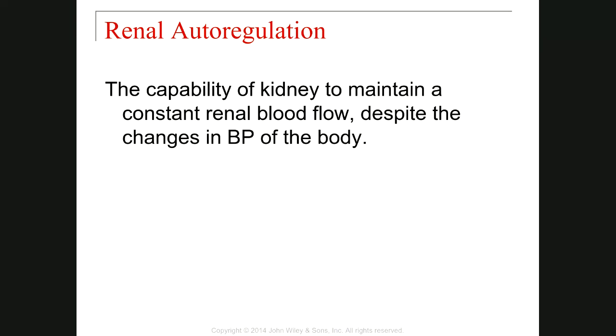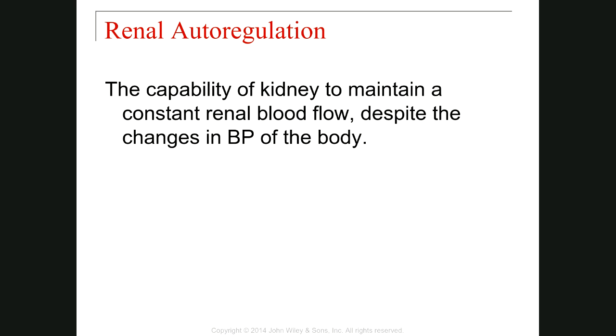Now, I want to talk about renal autoregulation for homeostasis. The kidneys themselves help maintain a constant renal blood flow and GFR despite all the fluctuations in the blood pressure during the day.